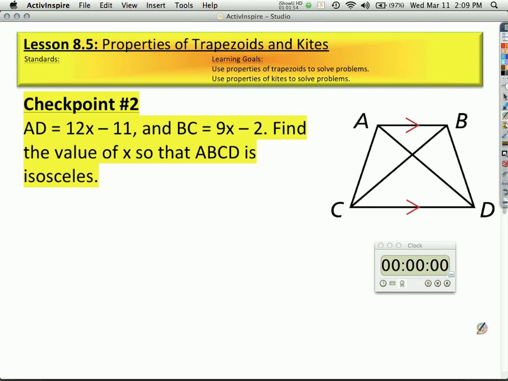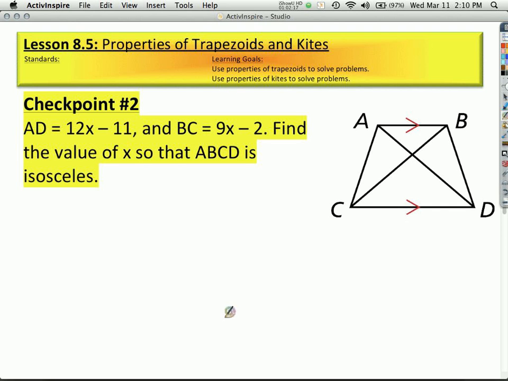All right, let's see how we did. What value of x would make this an isosceles trapezoid? I've got students 8, 12, and 18. Student number 8. Student number 12. Student number 18.